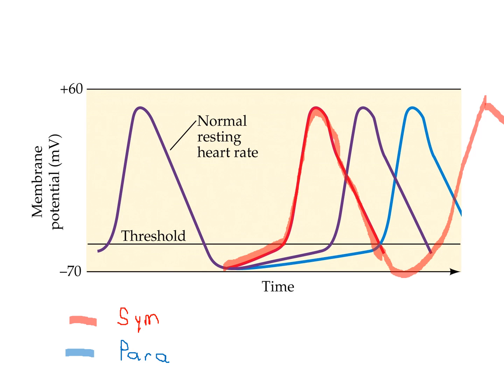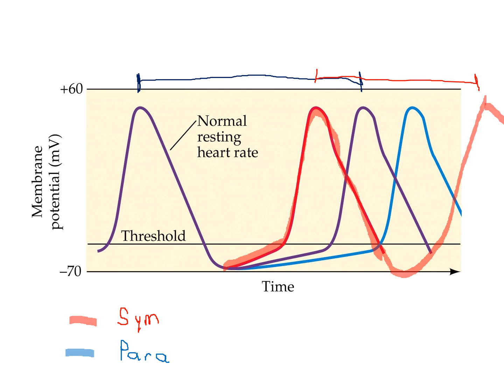So the time period in a normal resting heart rate is from here to here between action potentials. But with sympathetic stimulation, you get a change, and it's a much shorter period between.